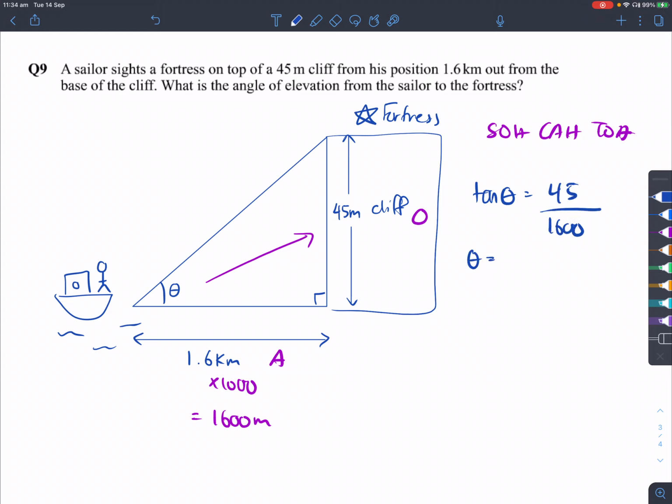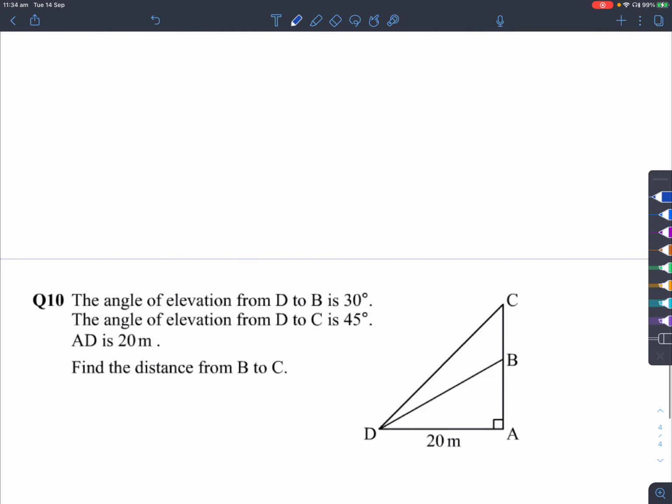We get theta equal to inverse tan of 45 over 1600. And so theta would be approximately 1 degree and 37 minutes. All right, let's go on to question 10.